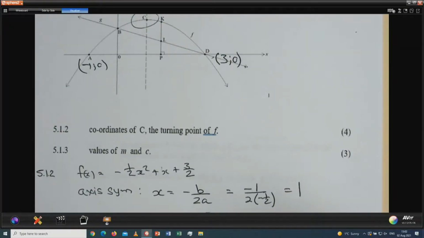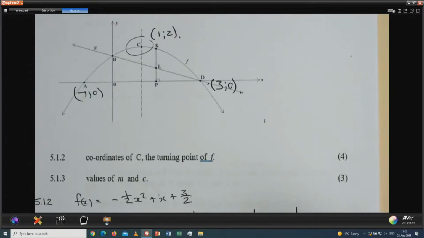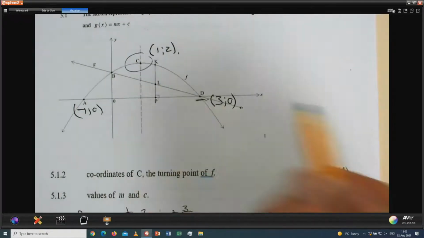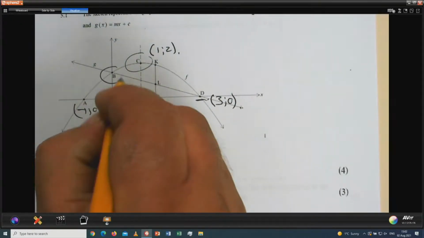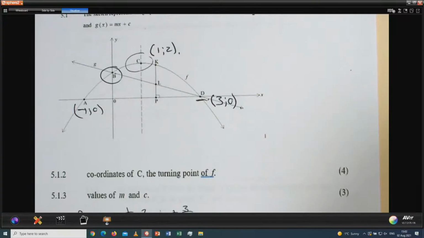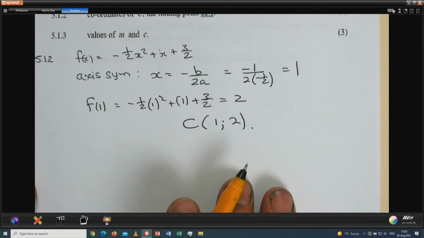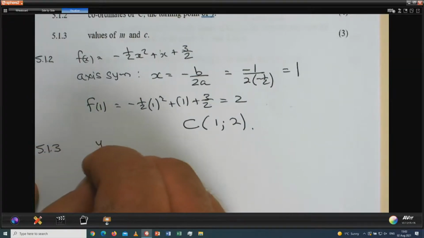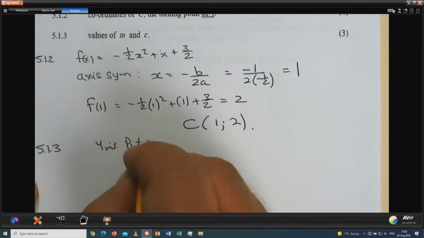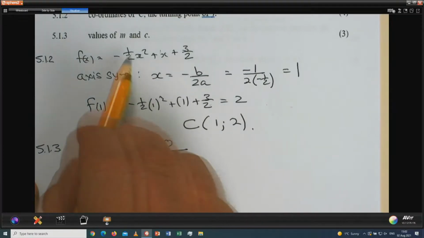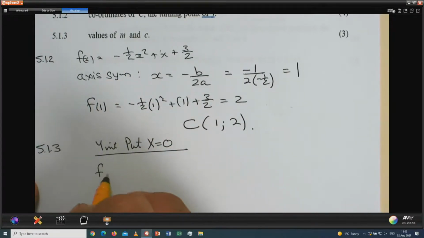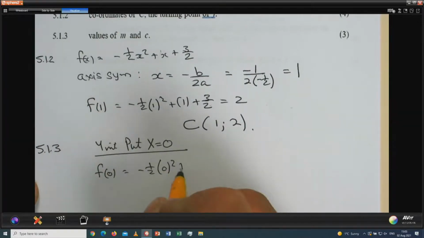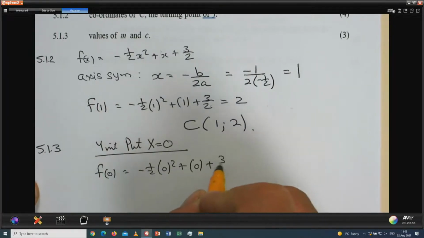Now they want the values of m and c in the straight line equation. Right. So here we've already got D. Now we need B. B here is the y-intercept. Now how do I find the y-intercept? I'll put x equal to 0. For the y-intercept, we need to put x equal to 0. So now we're going to say the f of 0 is equal to negative a half times 0 squared plus 0 plus 3 over 2.